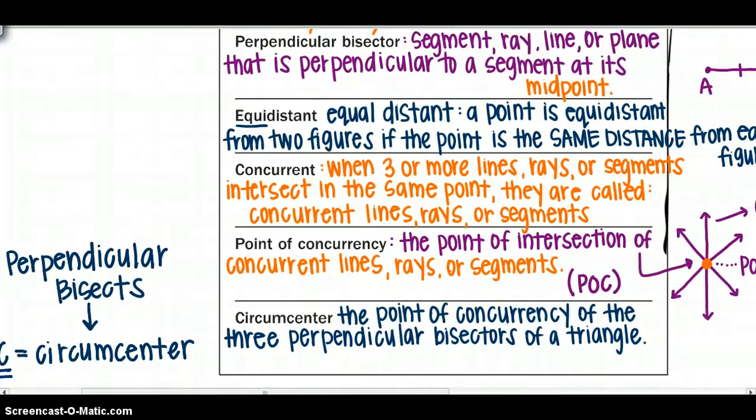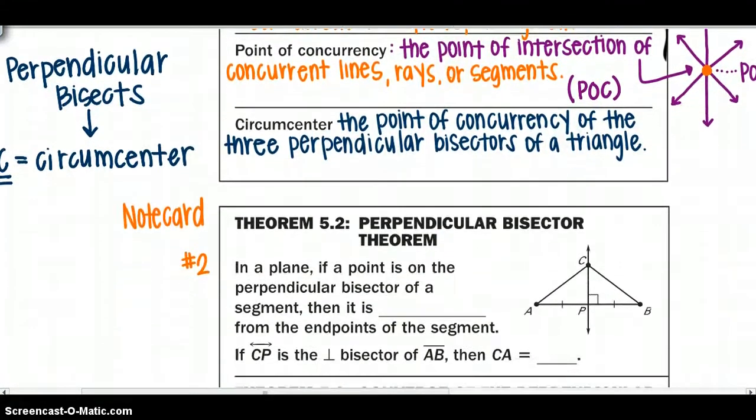All right, moving on to our theorems for this section. Our note card number 2 for this chapter is called the perpendicular bisector theorem. In a plane, if a point is on the perpendicular bisector of a segment, then it is equidistant from the endpoints of the segment.